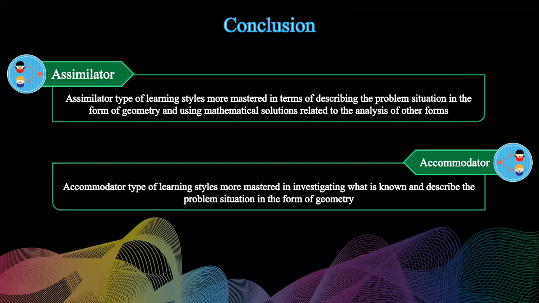The results show that the student with the assimilator type of learning style more mastered describing the problem situation in the form of geometry and using mathematical solutions related to the analysis of other forms. While the student with the accommodator type of learning style more mastered investigating what is known and describing the problem situation in the form of geometry.